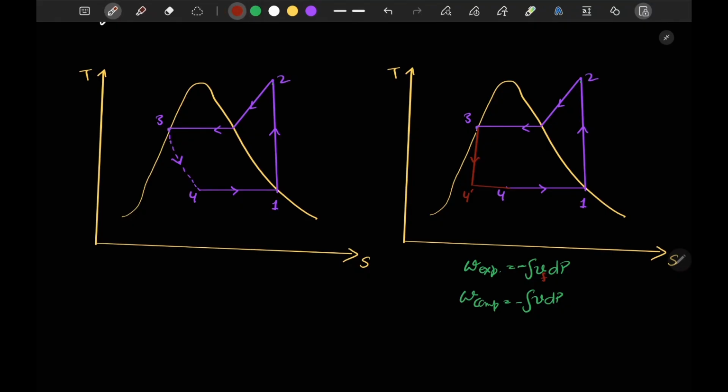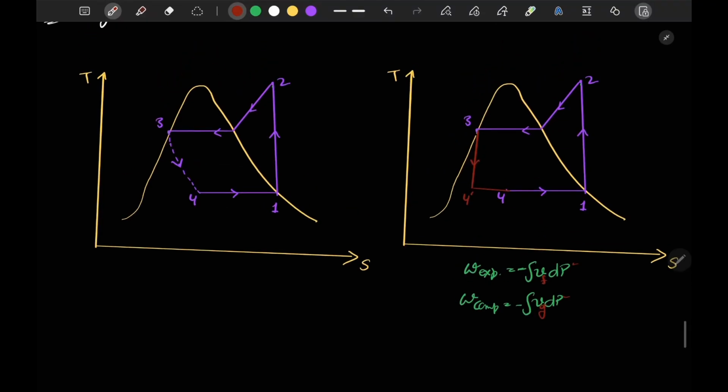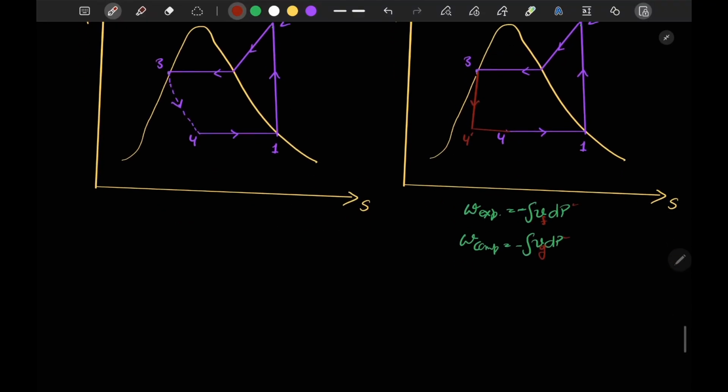Here V will be VG of gas. And dP for both is the same, since this is the constant pressure line. Since VF is very much less than VG, the work done by expander is very much less than the work done by compressor. I hope you get this point.